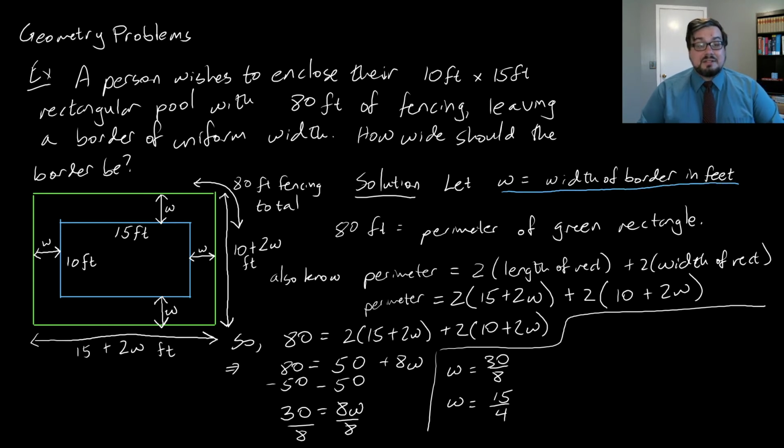So that tells us that in this problem, the border should be 15/4 feet wide. And so then we say, all right, we understand what W is now and what it means. So let's go to answer the question.